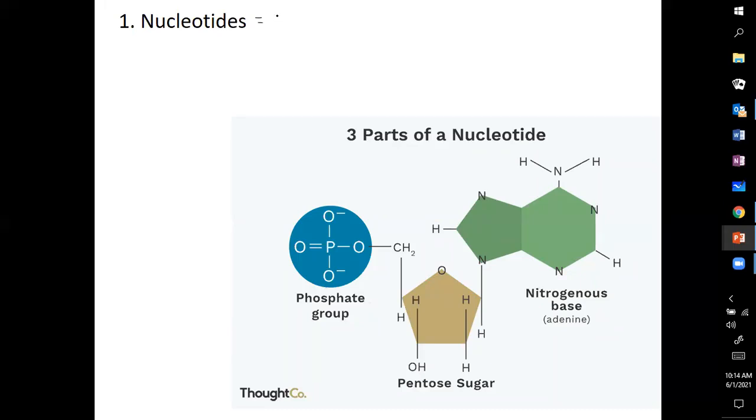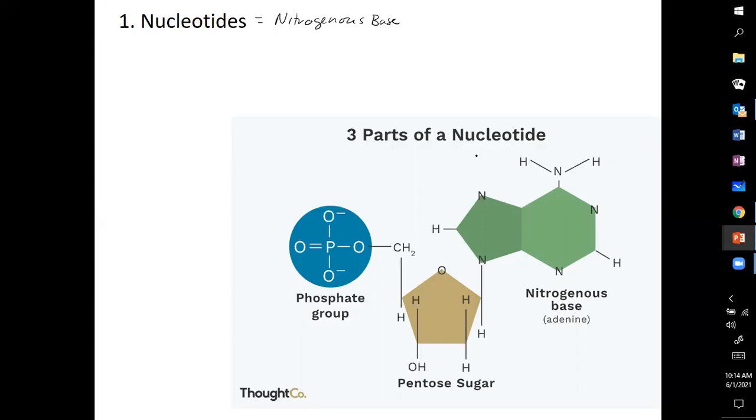All nucleotides contain a nitrogenous base, so here is the nitrogenous base component of this nucleotide. Notice it's called nitrogenous because there's a bunch of nitrogens in it, and it's a base because it can pick up protons out of solution.